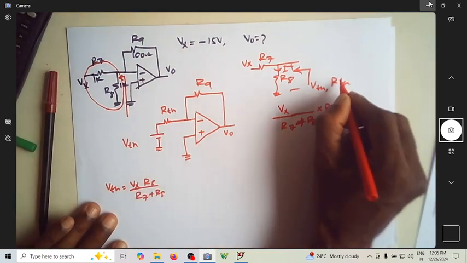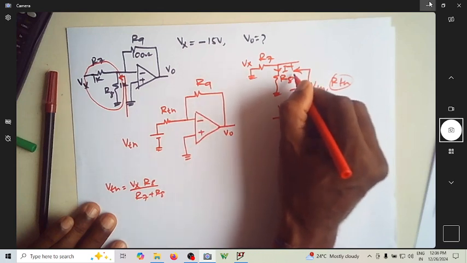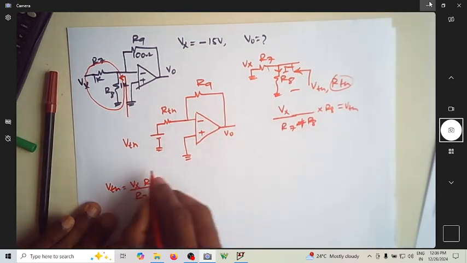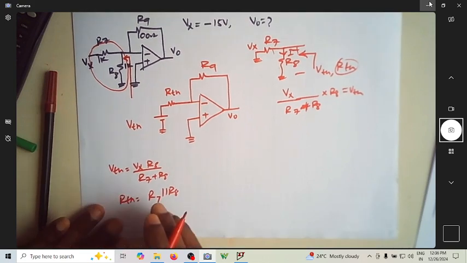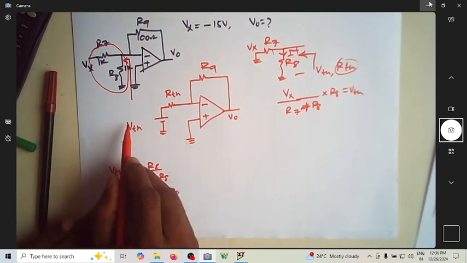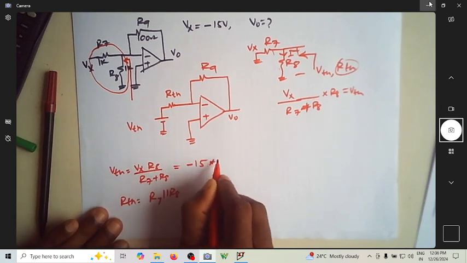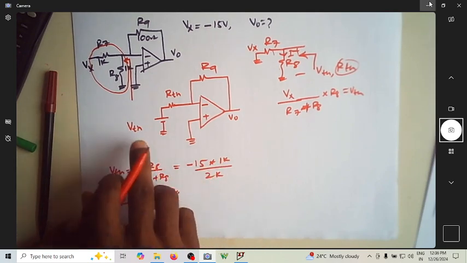Similarly, what is R Thevenin? For finding R Thevenin, you ground this and you measure the resistance here. So when you ground this, these two will become parallel. So R Thevenin will become R7 in parallel with R8. Suppose if you substitute the values, then VThevenin will become minus 15 into 1k by 2k, because these two are 1k.